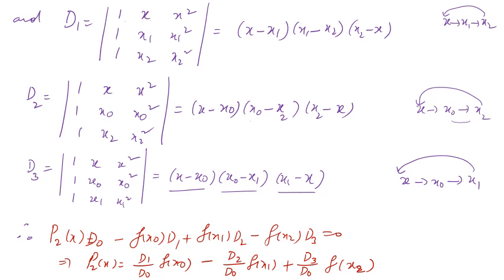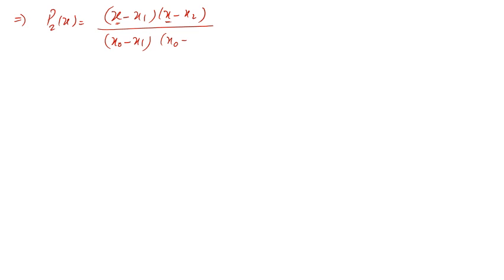Okay, then after simplification, d1 by d0, we know what is d1, what is d2, and what is d3. So after simplification, what am I getting? P2 of x equal to what? x minus x1 into x minus x2 by, in the numerator replace this x by x0, x0 minus x1, x0 minus x2 multiplied by f of x0 plus second term.